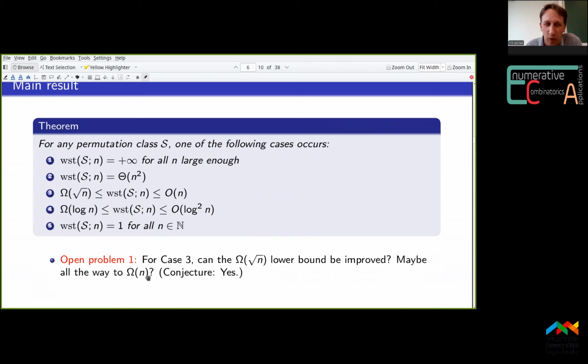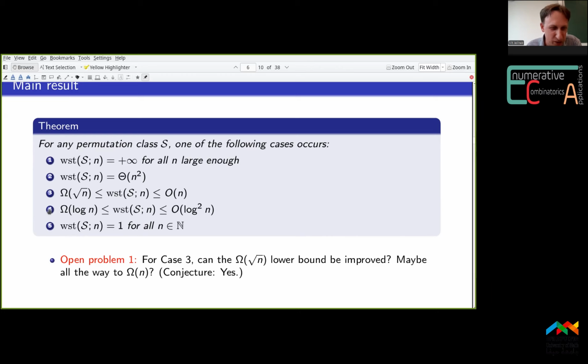In fact, all the classes that we know of that fit into this range have worst case sorting time which is linear. So it might very well happen that instead of omega of square root of n, I should just write theta of n. That at least would be my guess. So the square root is just an artifact of our incompetence at proving lower bounds.